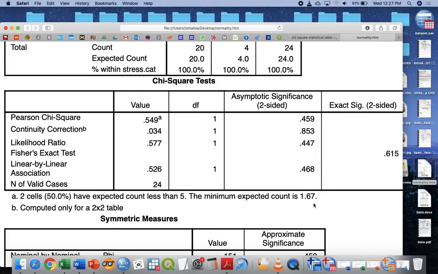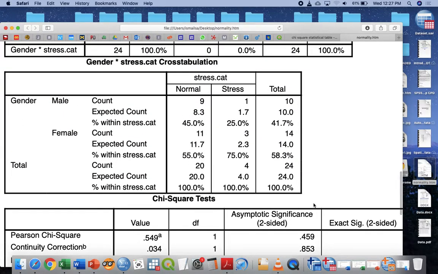Yes, no, A, B. Example. Okay, how do you want to calculate? You calculate here as the observed count. So how to calculate the observed count? You just read this one: 9, 1, 11, 3. 9, 1, 11, 3. So how do you want to calculate the expected count? Very simple.